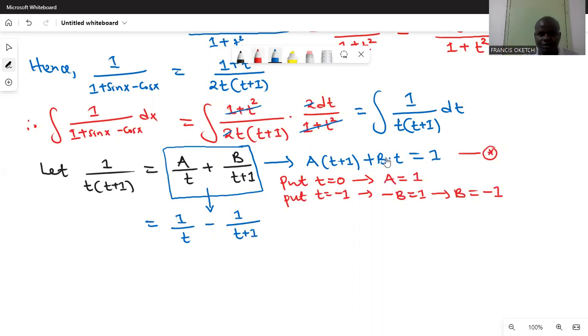So I want to integrate it. Look at our integral. We have managed to decompose the integrand into its partial fractions. So this is what we need to integrate.